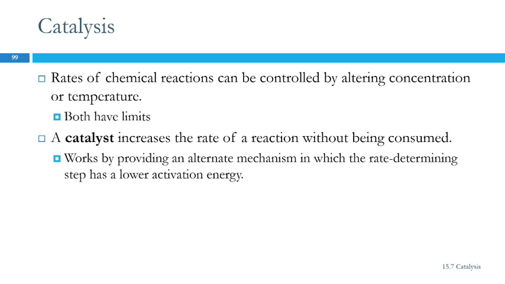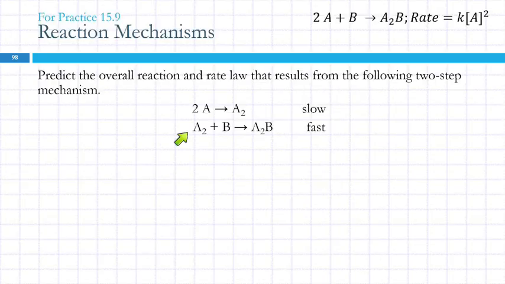Pardon me? There's no rate for the fast reaction. Well, you could write a rate for the fast reaction. The rate law predicted by this would be a constant times A2 times B. But that's not going to affect the overall reaction because it's so much faster than the first one. So it's the slow one that affects the rate.